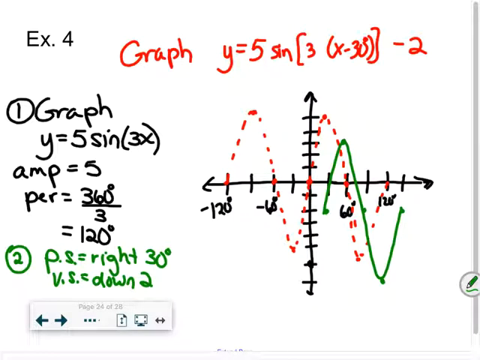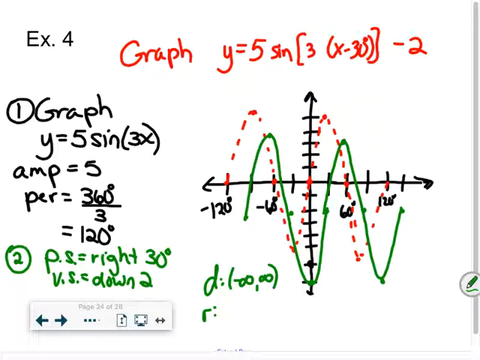So if I continue the pattern, right 1, down 2, right 1, down 2. So my domain is -infinity to infinity.